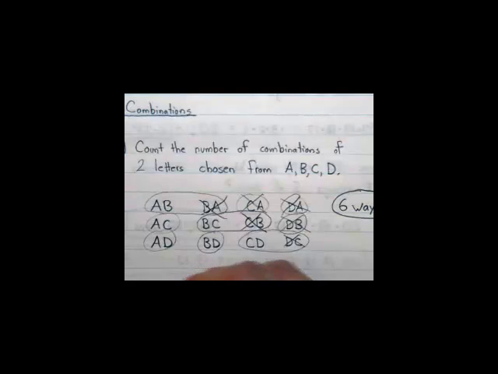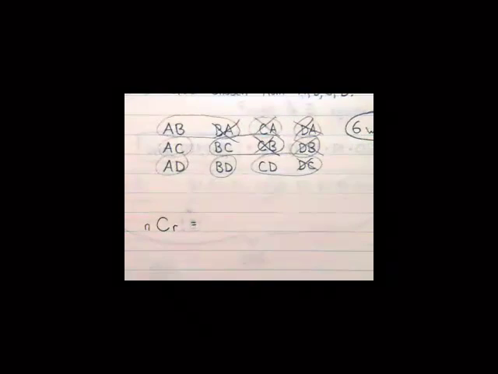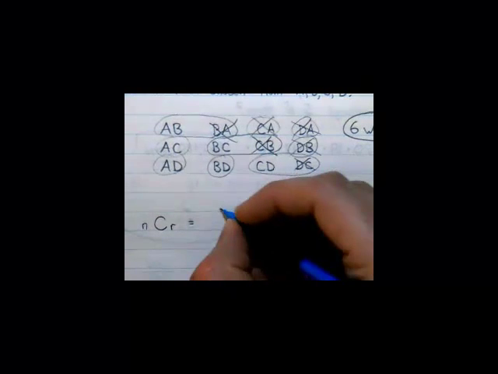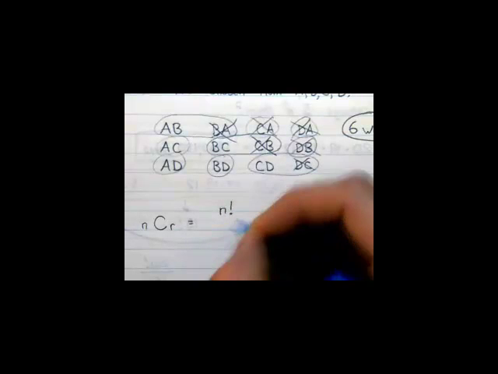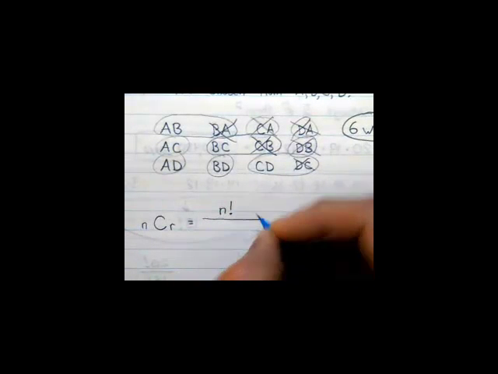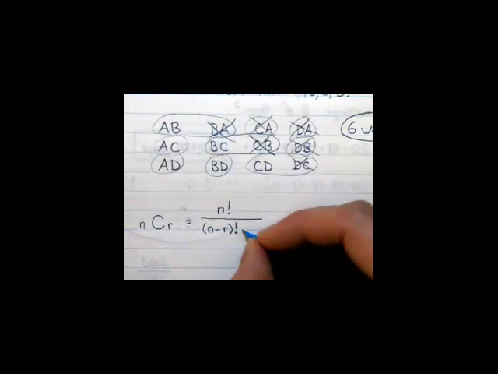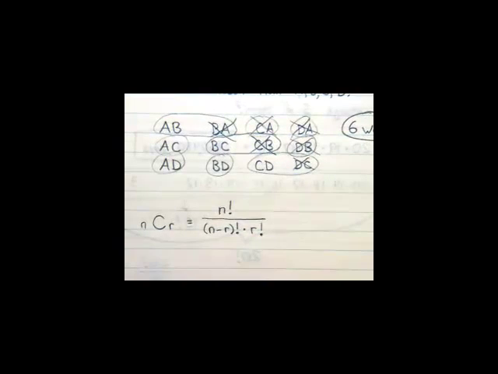The N and the R mean the same thing again, except this time we use a big C instead of a big P in the middle. So it's going to be n factorial on top, but then you divide by n minus r factorial times another r factorial.